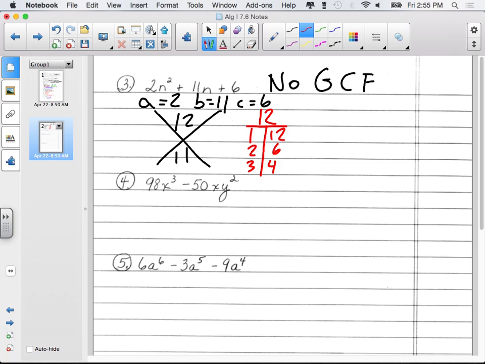Alright, so those are all numbers that would multiply to 12, right? We can't have negatives. So 1 plus 12, is that equal to 11? No. 2 plus 6? No. 3 plus 4? No. So based on that, there are no numbers that we can factor it into. We can say that this one is not factorable.